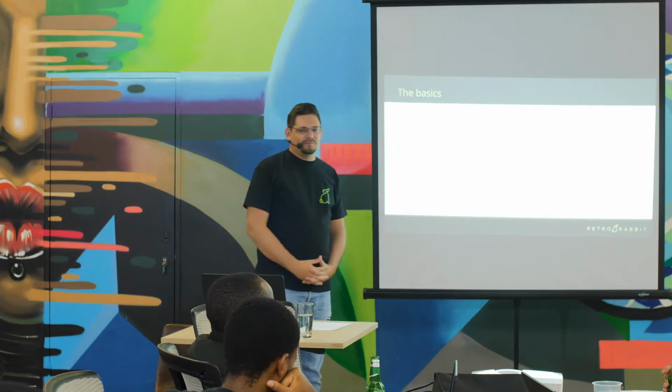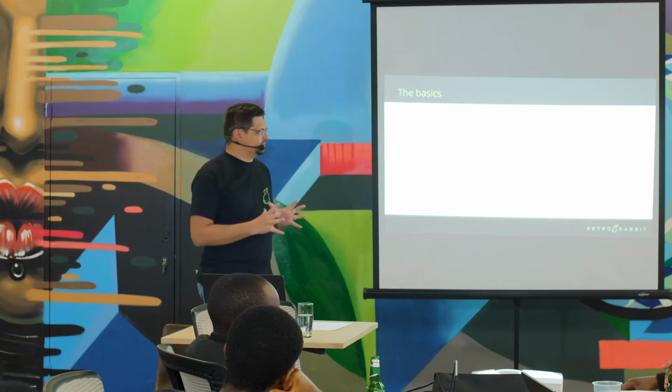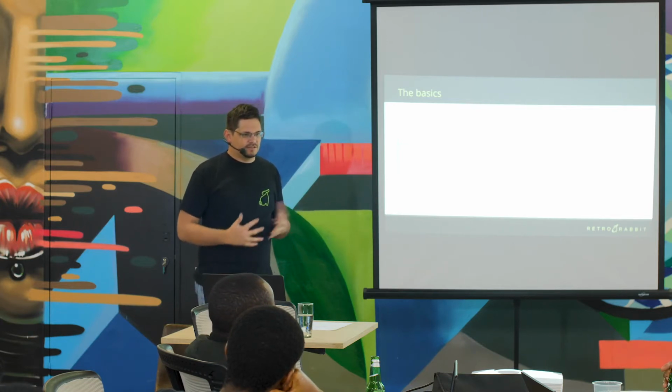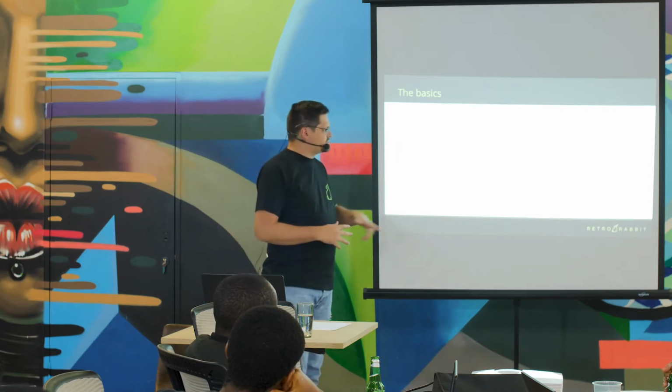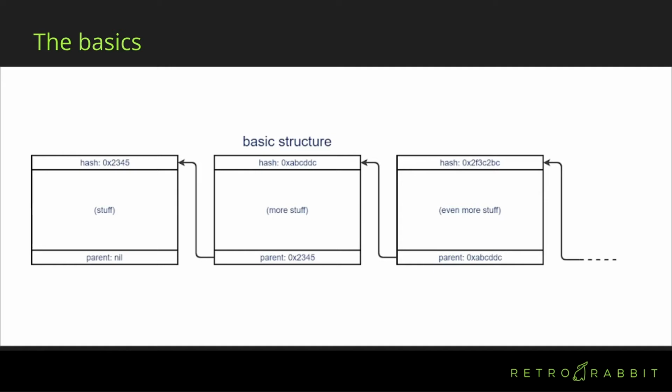So if you're a programmer, explaining blockchain is very simple. The blockchain structure works like Git. You have these blocks. A block is something that has data.